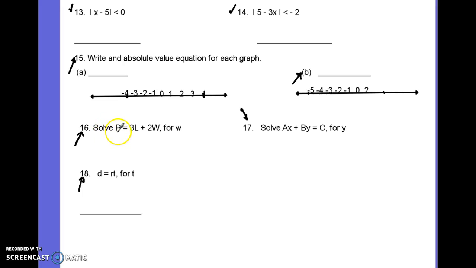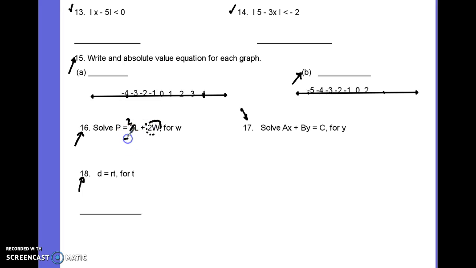If they ask you to solve this equation, P equals 2L plus 2W, perimeter equals 2 times the length plus 2 times the width, solving for W, you want to isolate the W, keep the W term all by itself. So what should we do?